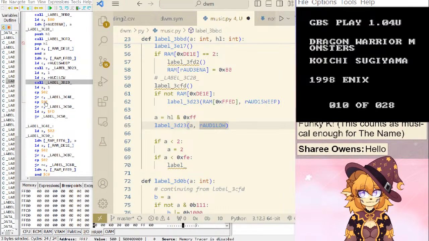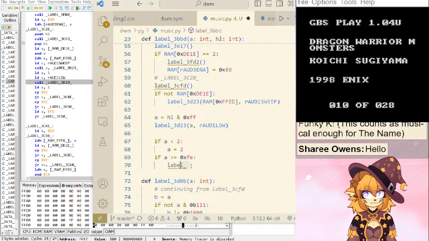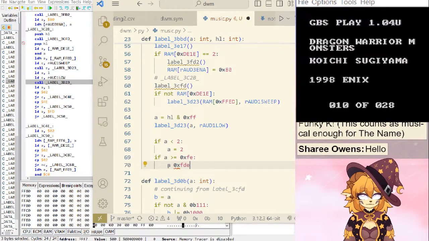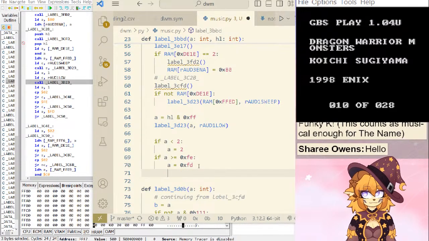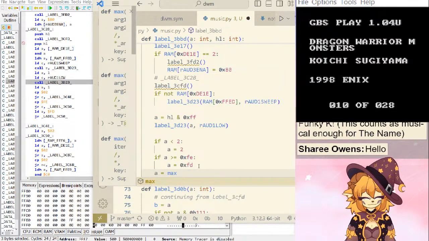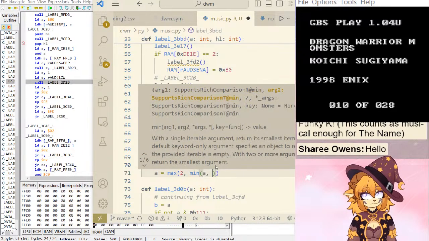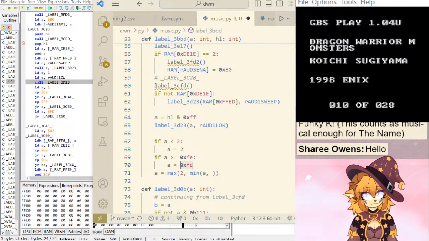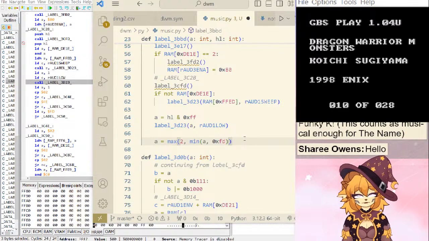And then if it is greater than or equal to FE, we set A to B, which is really ultimately just saying A equals max to min. It's a bounds insurement.